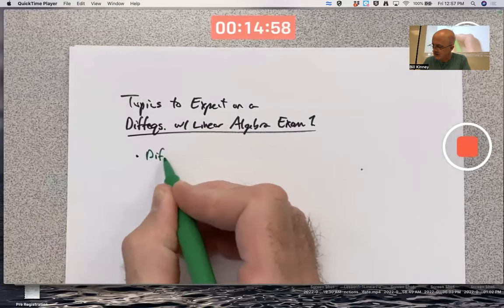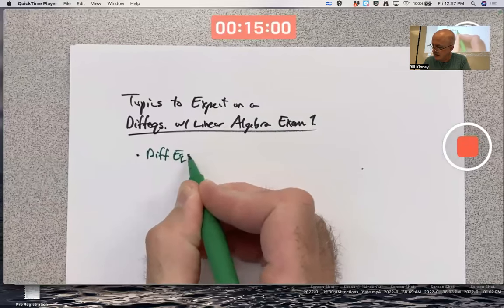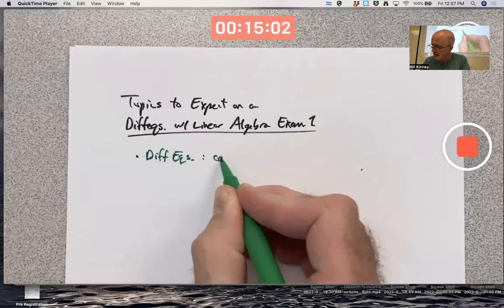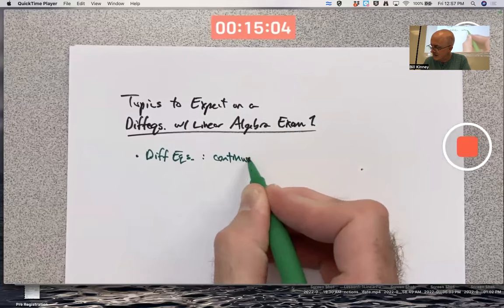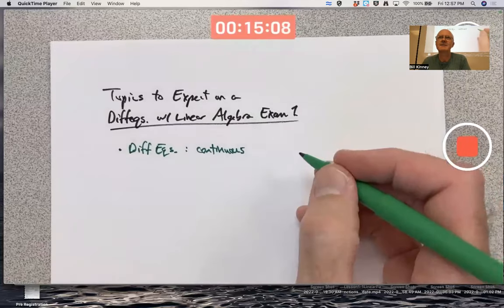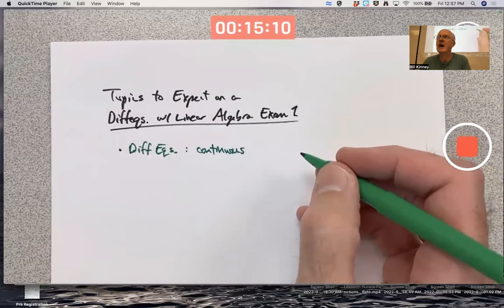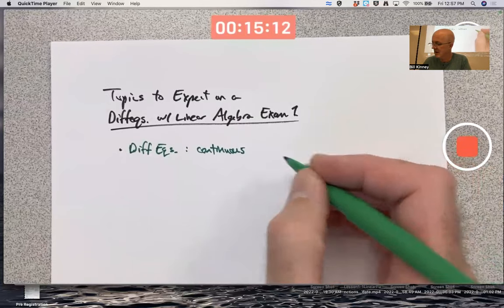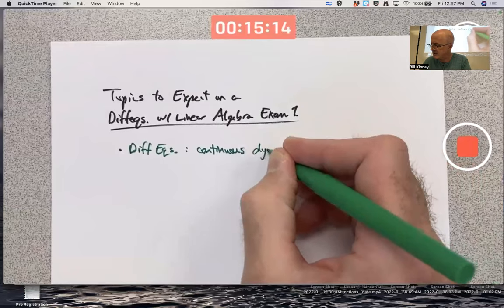Differential equations are continuous. I said dynamical systems, basically systems that change over time is what that means. I'll go ahead and use that phrase, dynamical systems.